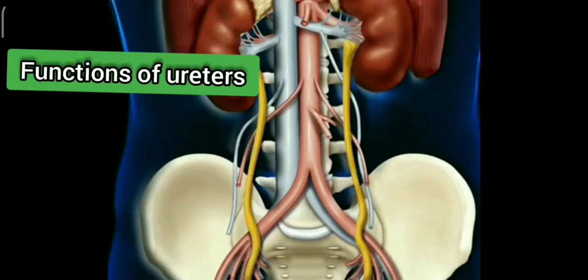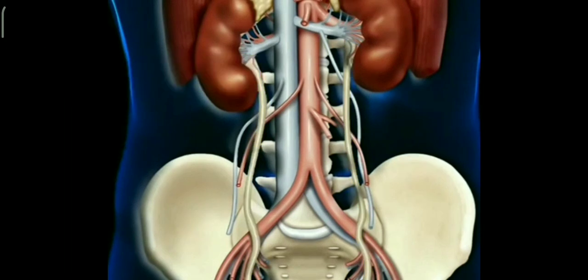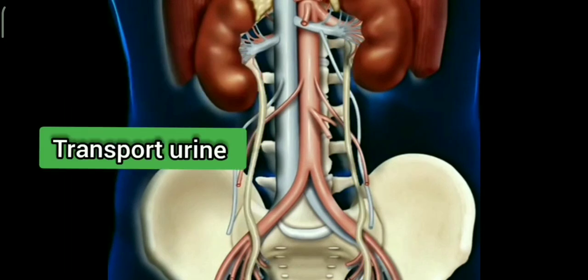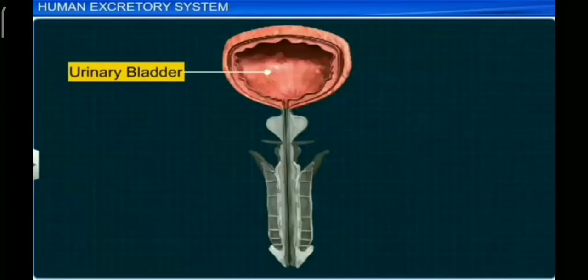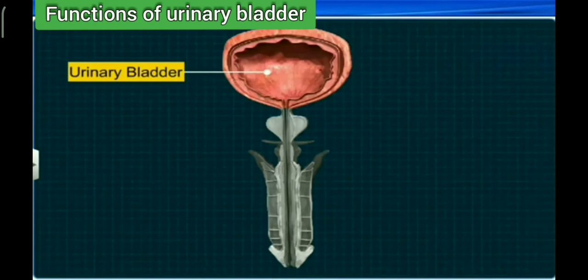Functions of ureters. They help to transport urine from renal pelvis to bladder. Functions of urinary bladder.